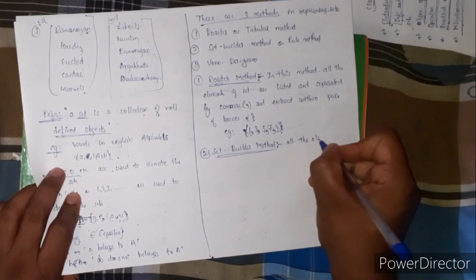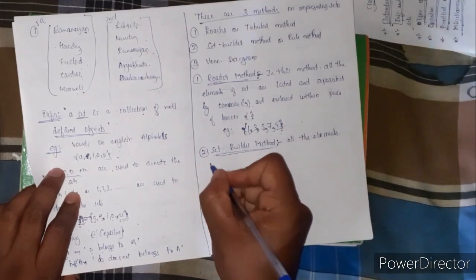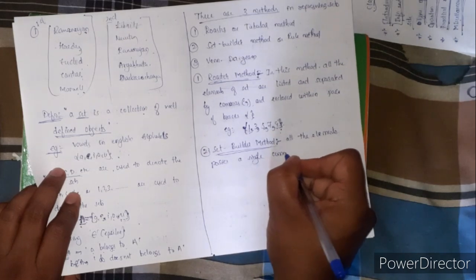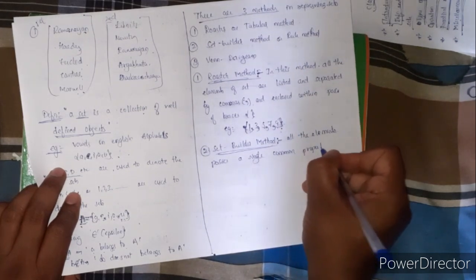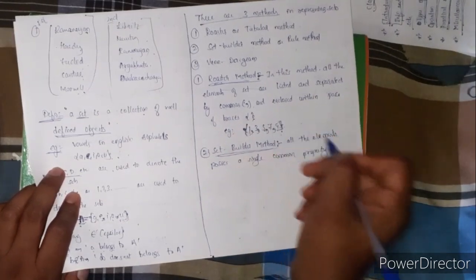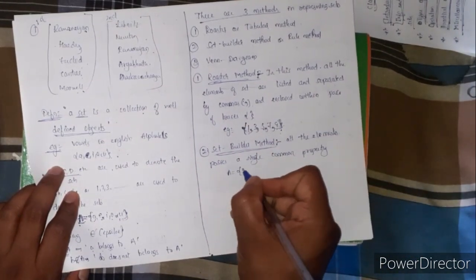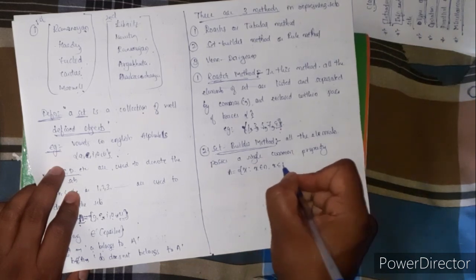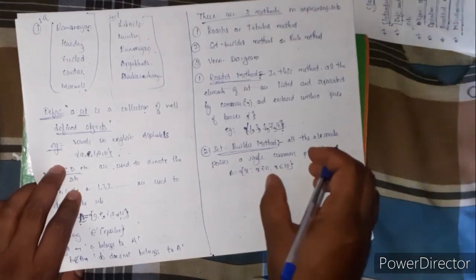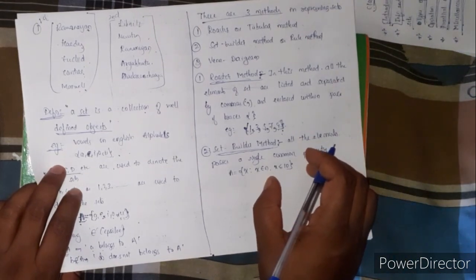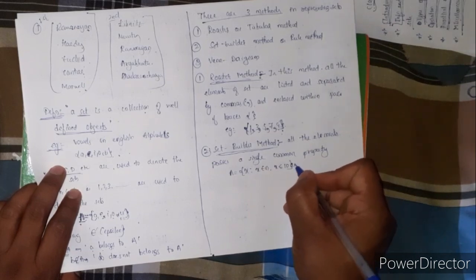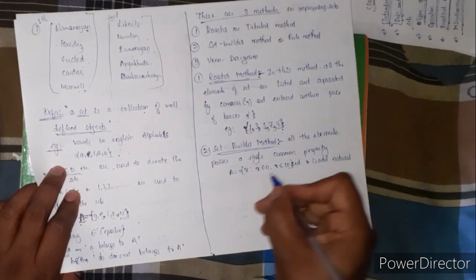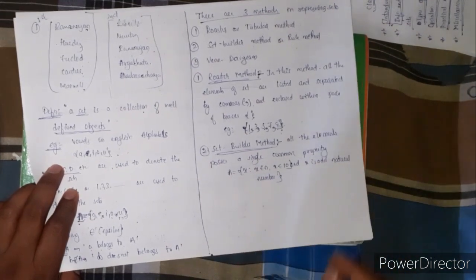Let me consider the above example: {1, 3, 5, 7, 9} is {x such that x belongs to N and x is less than or equal to 10 and x is an odd natural number}.